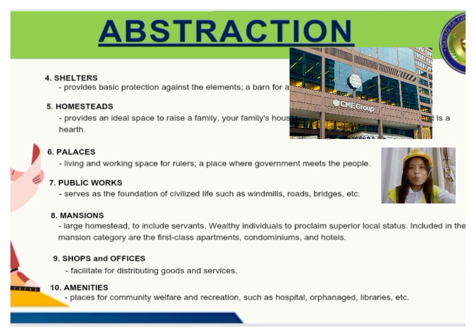Ninth, we have the shops and offices. These shops and offices facilitate the distribution of goods and services. Examples are the village general store, the Mall of America outside Minneapolis, or the Chicago Mercantile Exchange.